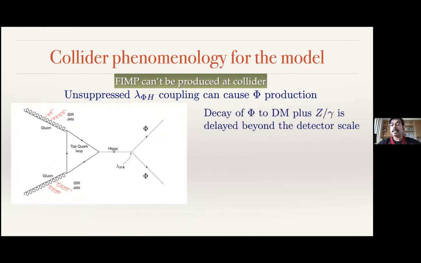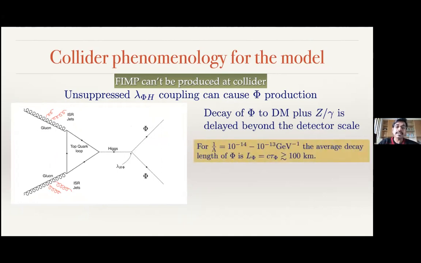Now what does phi do? Phi in principle decays to dark matter plus Z or photon, etc. But as we just argued, this decay has a strength which is very, very feeble, because otherwise we couldn't establish the freeze-in mechanism as we just said. Therefore, the decay of phi is delayed beyond the detector scale.